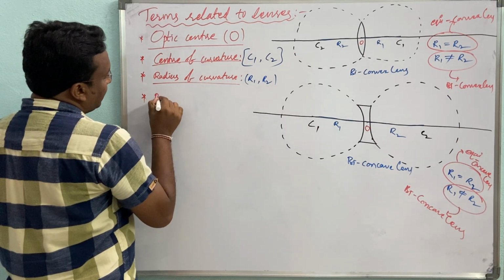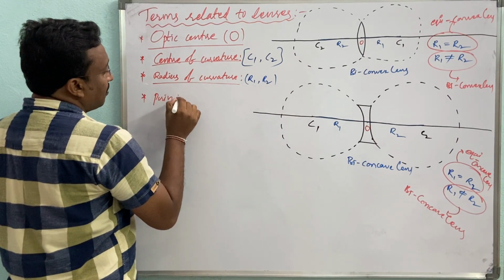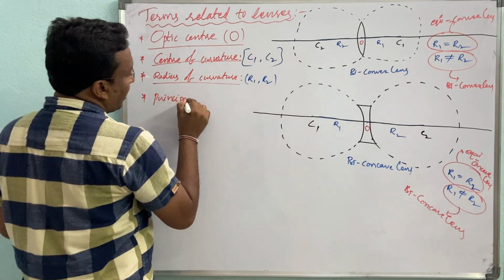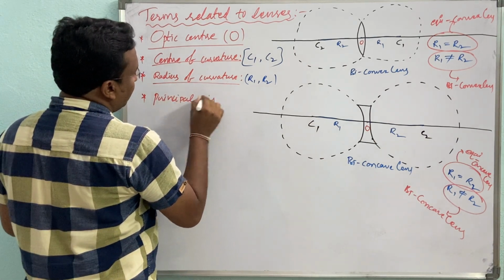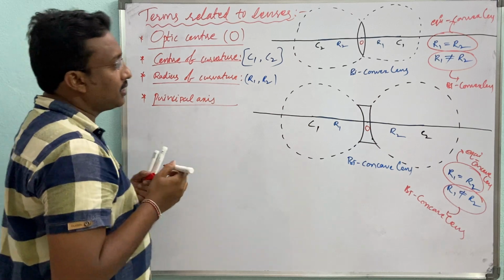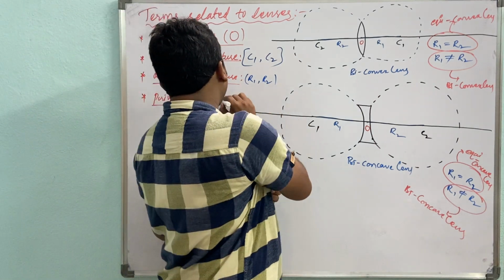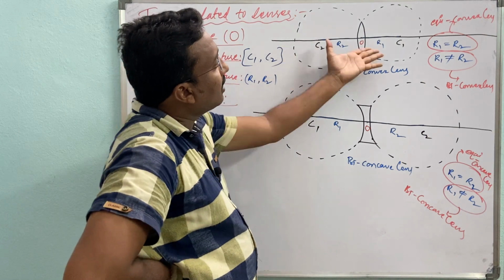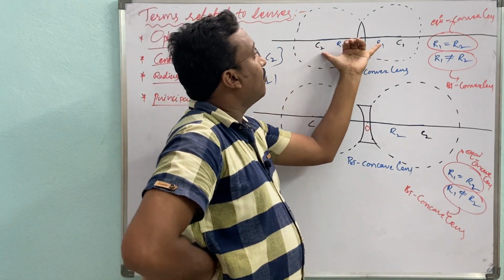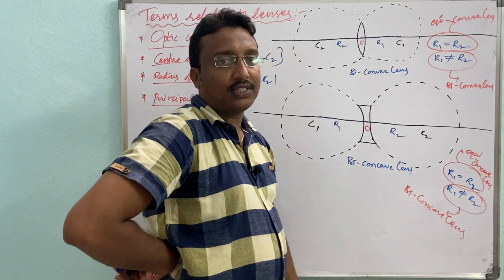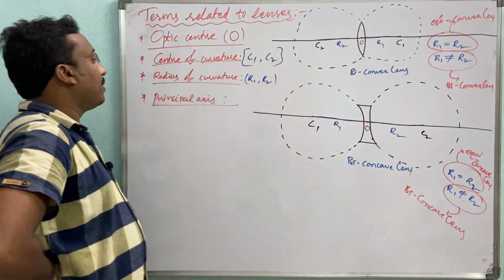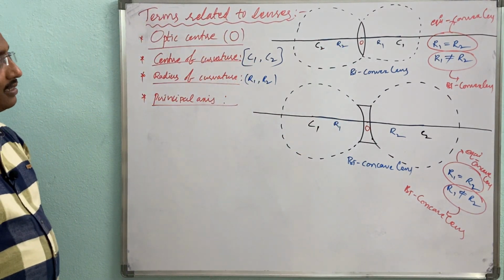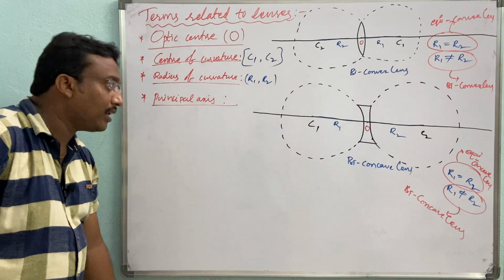Principal axis. Principal axis means the imaginary line drawn through both the centers of curvature. This is one term, right?